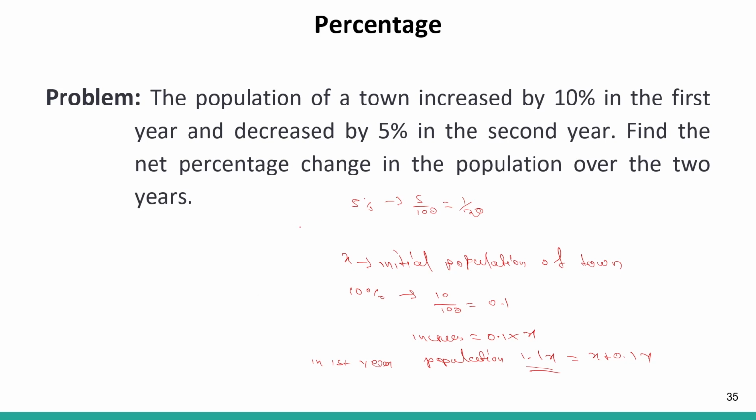That is, what we had at the start of second year was 1.1x. So 5% of 1.1x is equal to this much into 1 by 20. So this is nothing but 11 by 10x into 1 by 20. So this is nothing but 11 by 200. So that is equal to this much amount x.